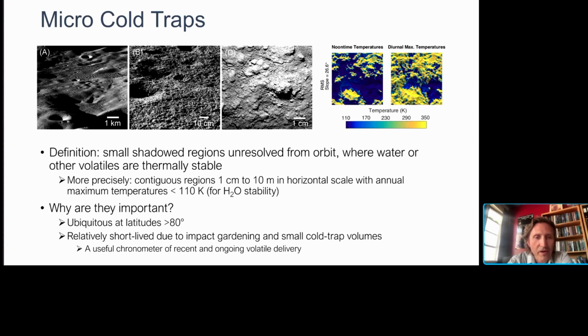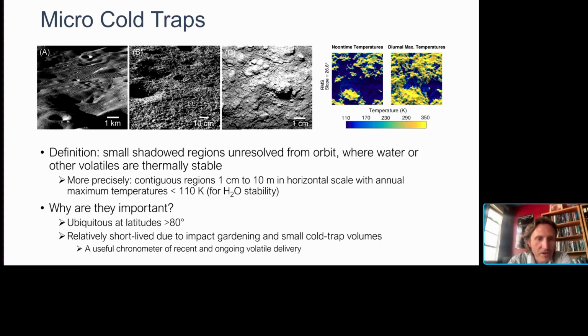We define these as contiguous regions of scale 1 centimeter to 10 meters in horizontal extent, with maximum temperatures of less than 110 Kelvin for water stability. The modeling work done previously has shown that these should be ubiquitous, meaning on every sunlit surface poleward of about 80 degrees, you should expect an array of micro cold traps of different sizes.